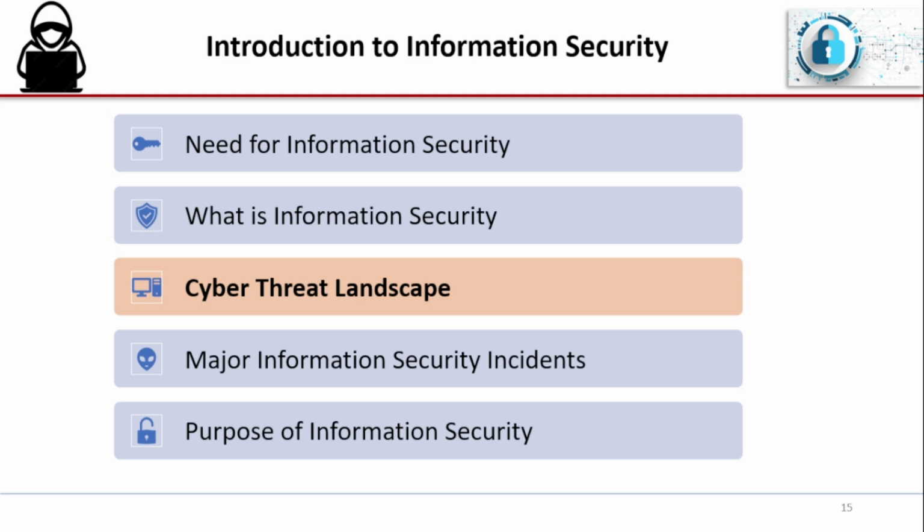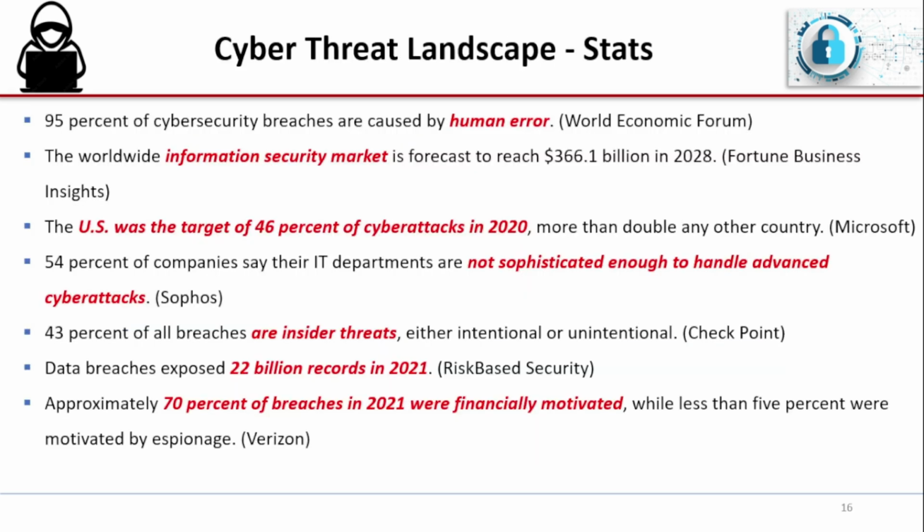So let's move to 1.3, which is the cyber threat landscape. I'll tell you where the world is going in cybersecurity nowadays, and how things are being managed. 95% of cybersecurity incidents are basically due to human error. People click on certain links, use bad and short passwords, and always go for their easiness, and that's the point where the hacker finds a way to get into the target system.